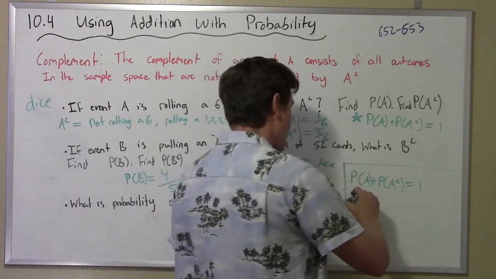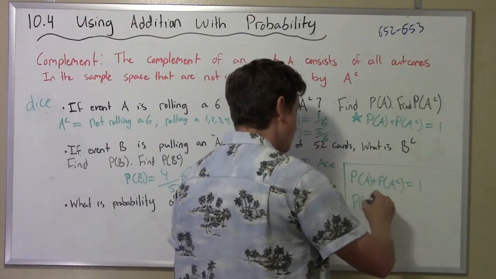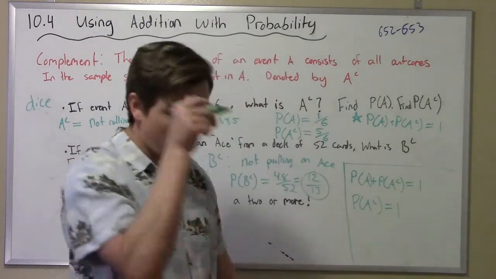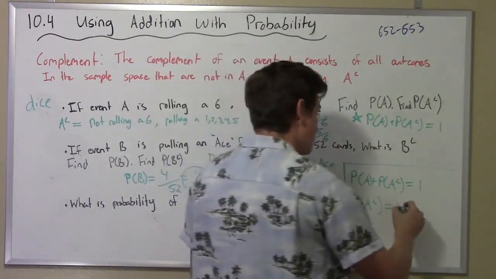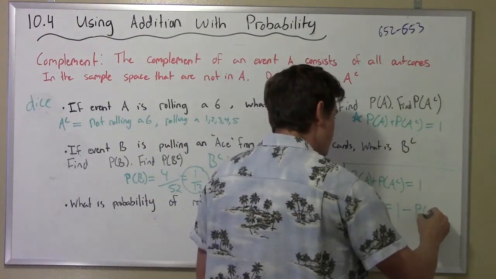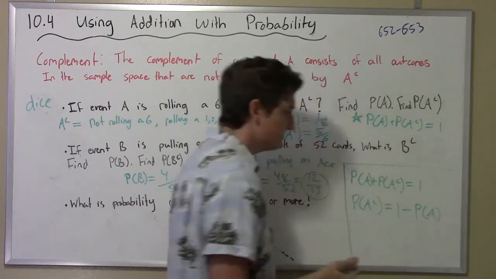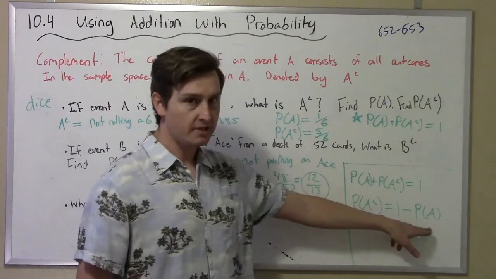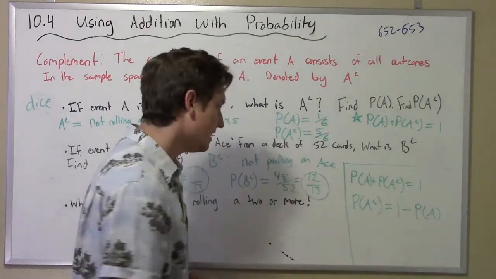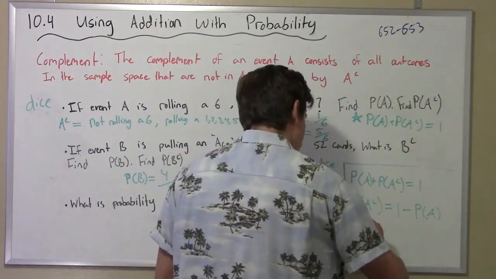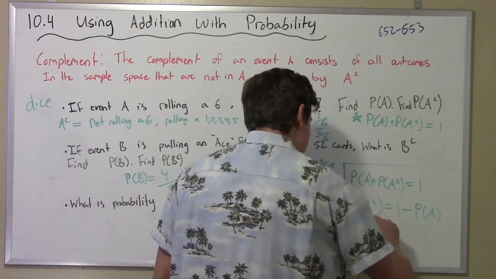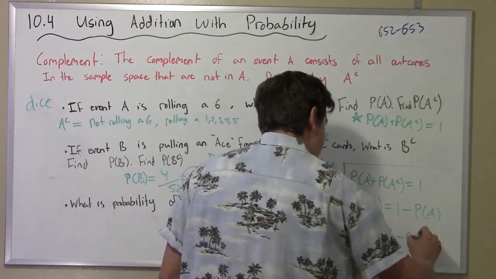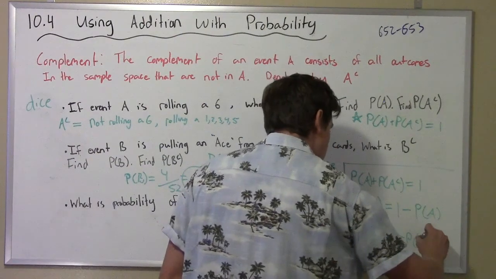You can also say the probability of A complement is just 1, 100%, or all of the outcomes, minus the probability of getting A, right? So again, the probability of not pulling an ace is 1 minus the probability of pulling an ace. That's kind of the idea there. You could also write it this way: the probability of an event is always 1 minus the probability of its complement.